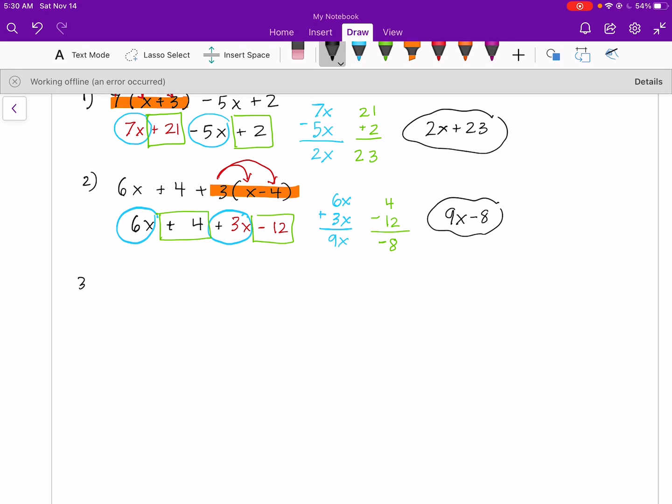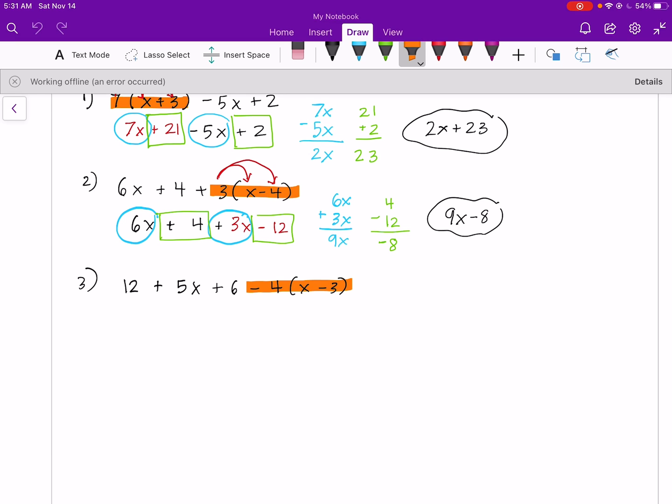Number 3, 12 plus 5x plus 6 minus 4 parentheses x minus 3. So we stepped it up a notch, gave you another term in there to take care of, but it really doesn't change too much. Be careful here, this is a distributive property, but remember how we always talk about attaching the sign.